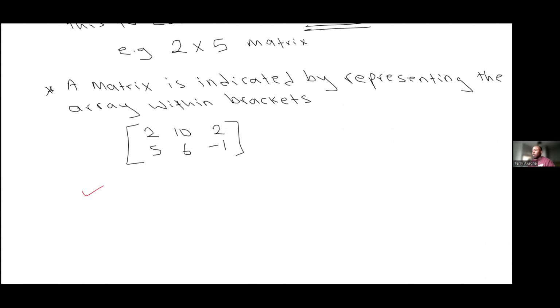It has 2 rows because it has 1 and 2. And how many columns? We now have to check how many columns as well. For the columns, it has 1, it has 2, and it has 3. So it has 2 rows and it has 3 columns here. All right, so it has 3 columns.